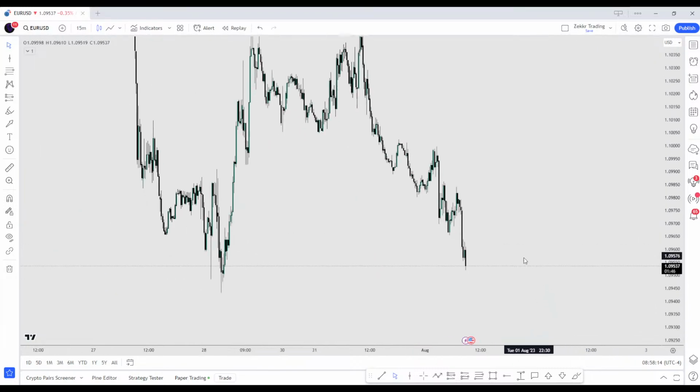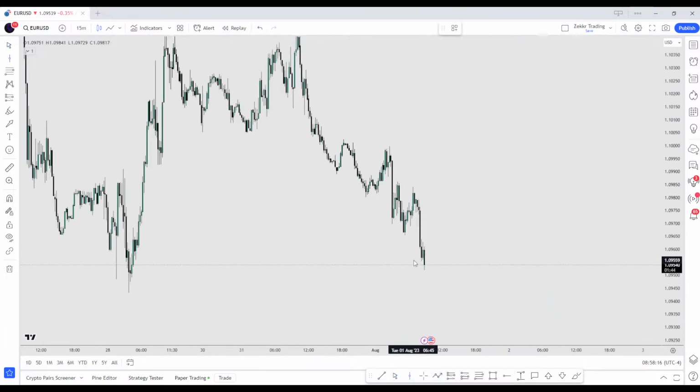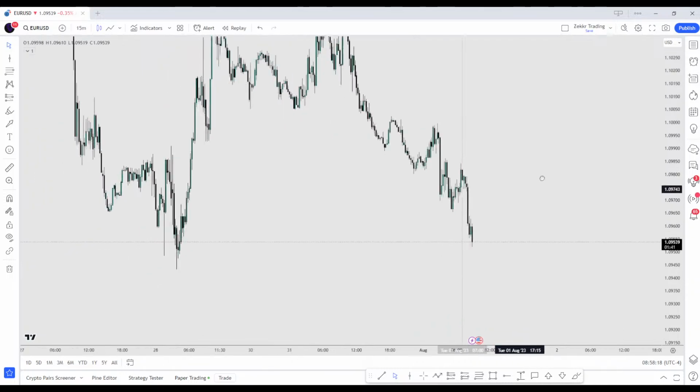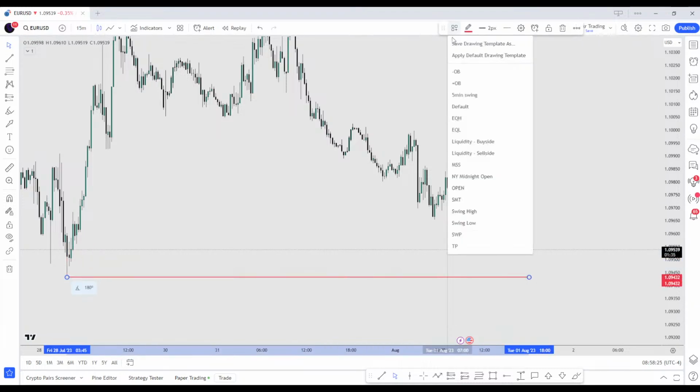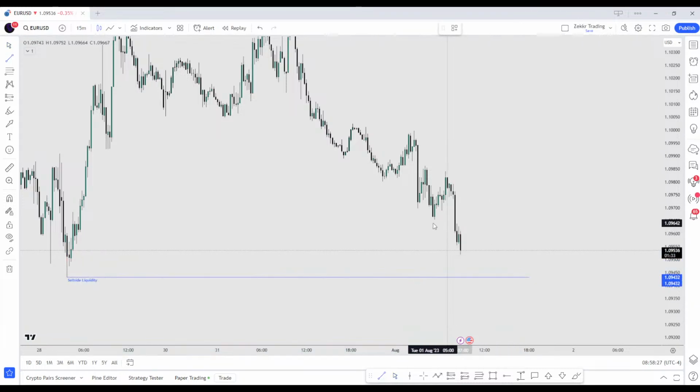So on euro dollar, the session actually begins at 7, and the obvious sell side liquidity would be here, sell side, and then maybe below this low when we sweep it.